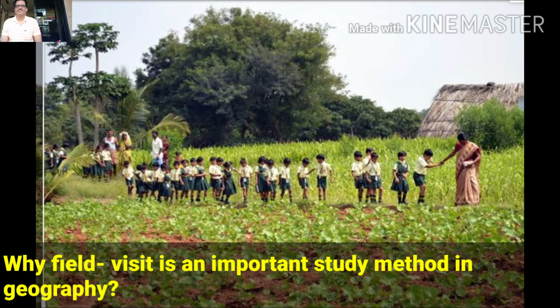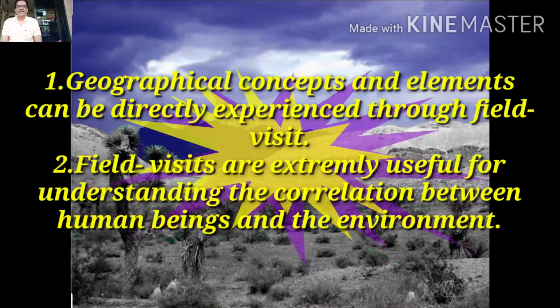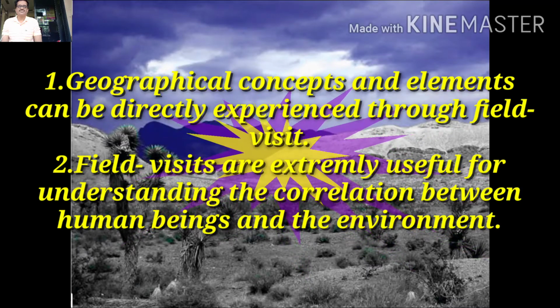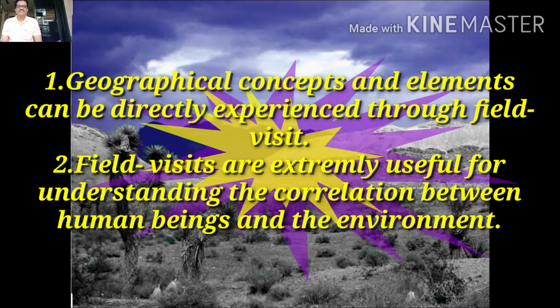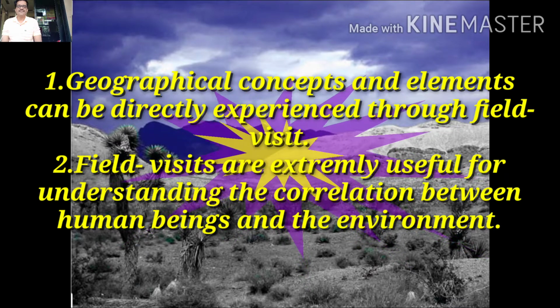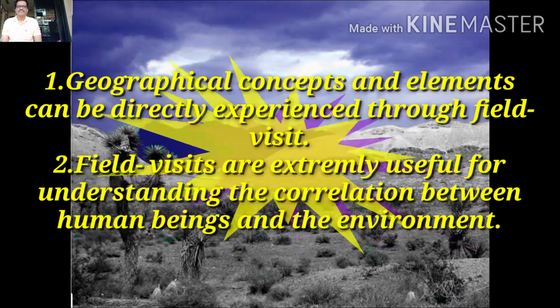The answer to this question is like this. Geographical concepts and elements can be directly experienced through field visit. Second point is field visits are extremely useful for understanding the correlation between human beings and the environment.